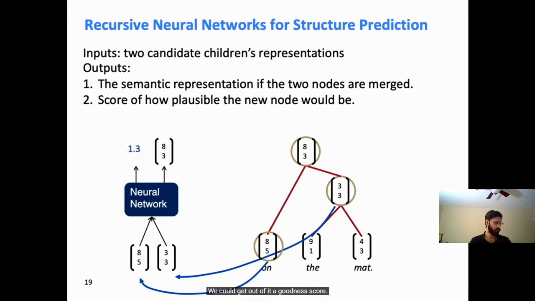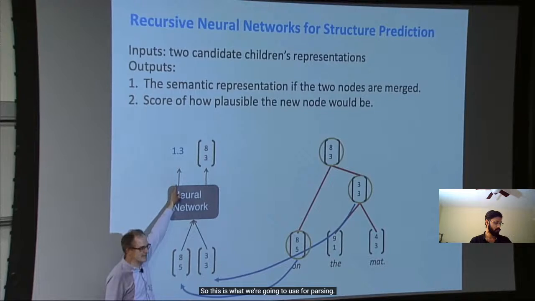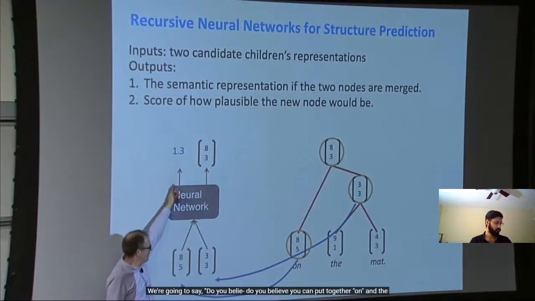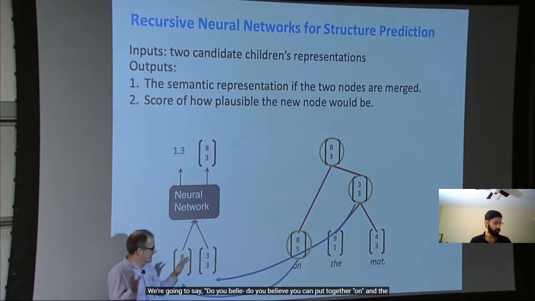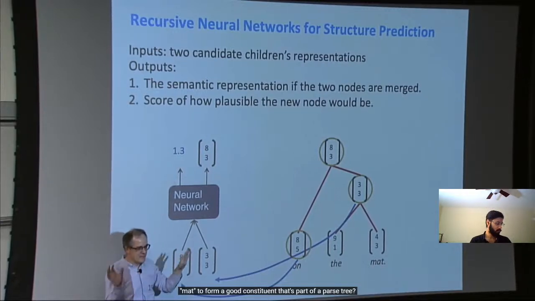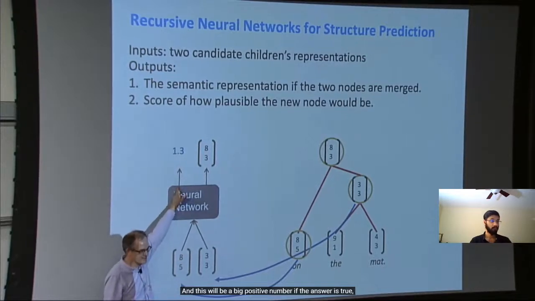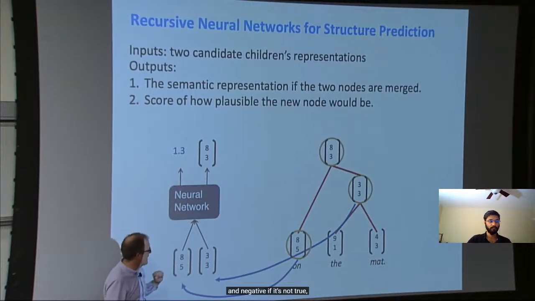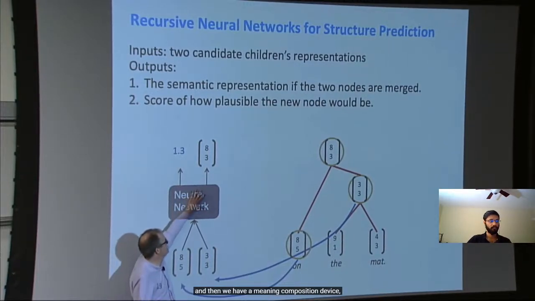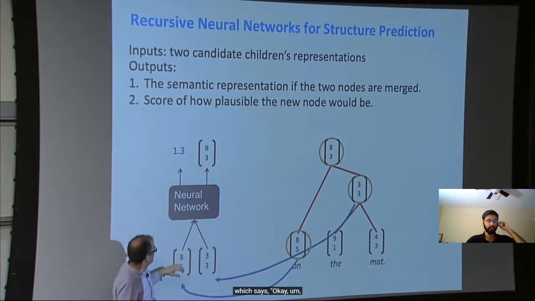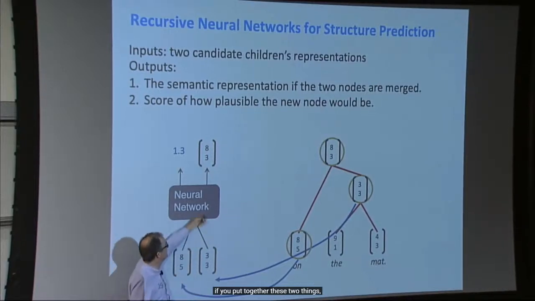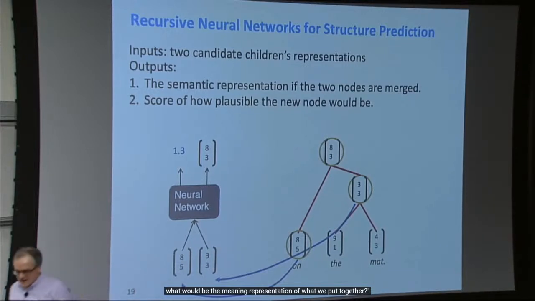We could get out of it a goodness score. This is what we're going to use for parsing. We're going to say, do you believe you can put together on and the mat to form a good constituent that's part of a parse tree? And this will be a big positive number if the answer is true and negative if it's not true. And then we have a meaning composition device which says, if you put together these two things, what would be the meaning representation of what we put together?